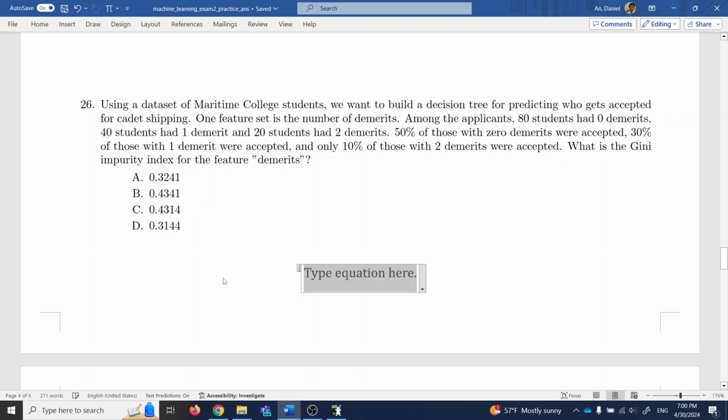The Gini index is defined as the sum of pi times 1 minus pi, and it's also equivalent to 1 minus the sum of pi squared.